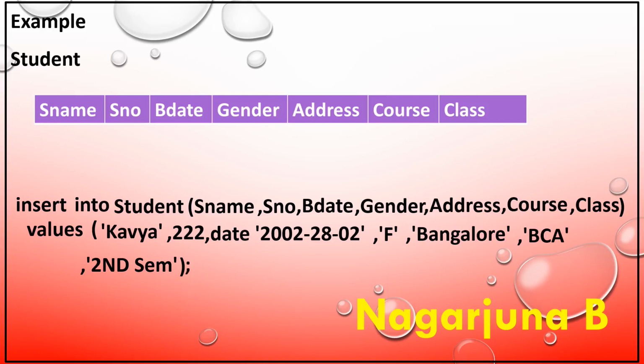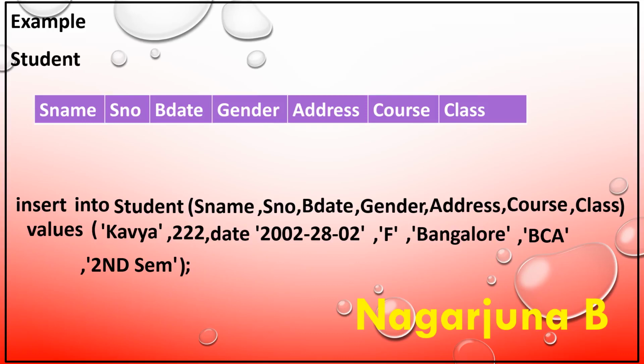As far as possible, try to insert a tuple by using this syntax only, so that there will be no mismatch in the data type, that is, the literal value will correctly match the data type which you have given for an attribute.